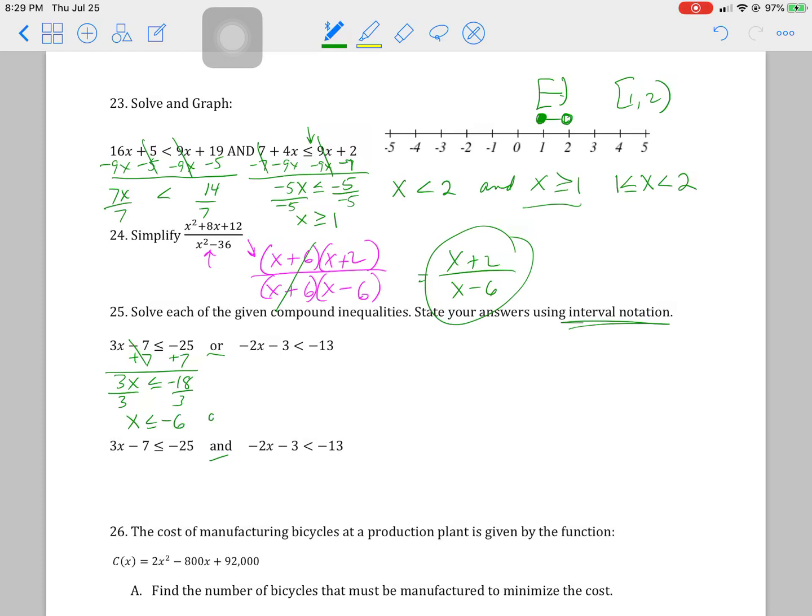I just happen to have a negative on that side. Now I'm dividing by a negative, so I will flip the symbol this time. Positive 5.